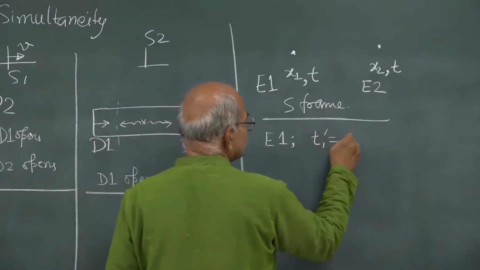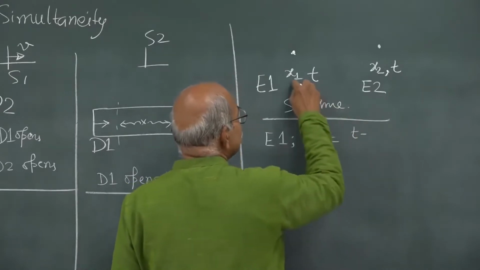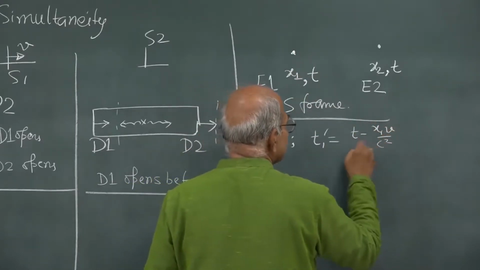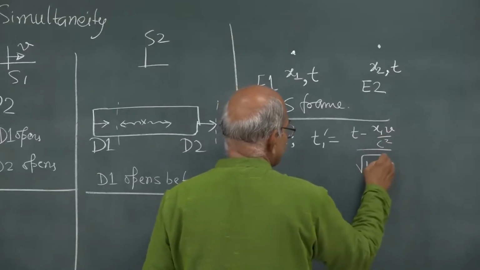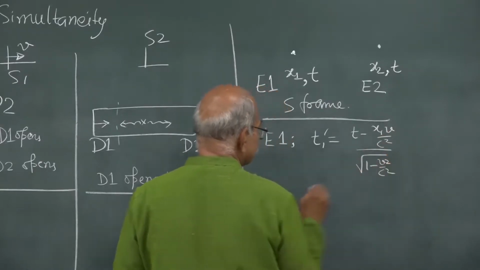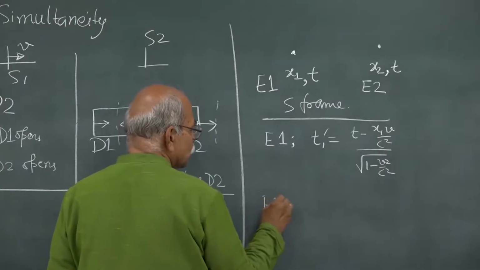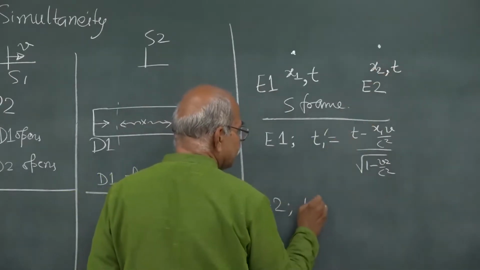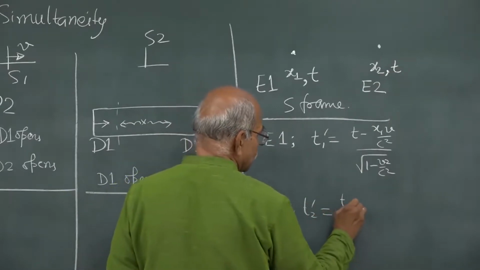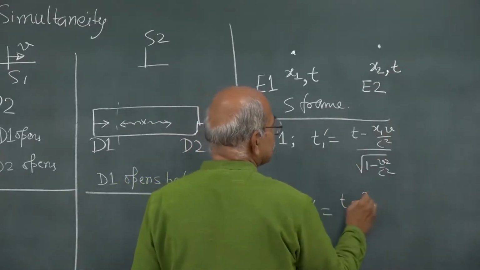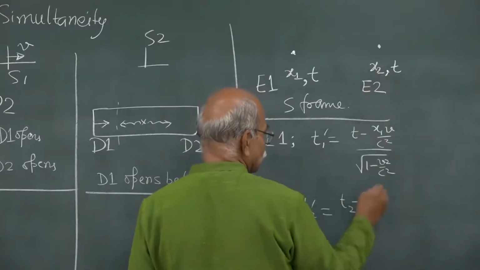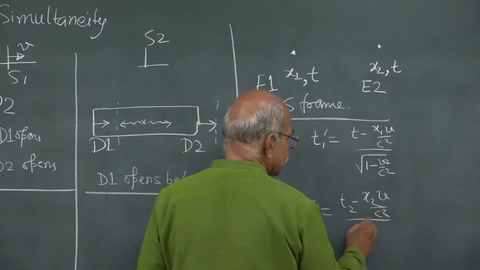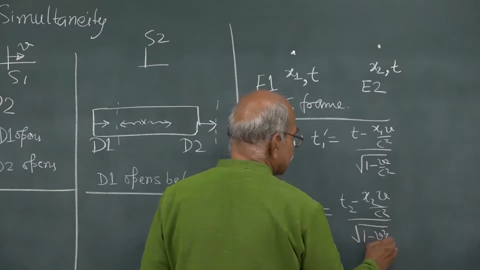t1 prime is equal to t minus x1 v by c square, divided by square root 1 minus v square by c square, and for E2 you can write t2 prime is equal to t minus x2 v by c square, and then divided by square root 1 minus v square by c square.